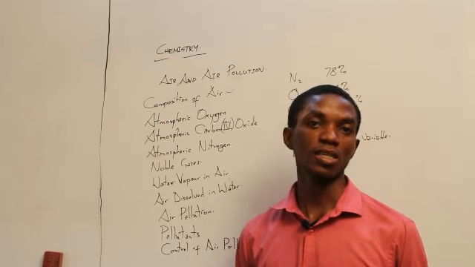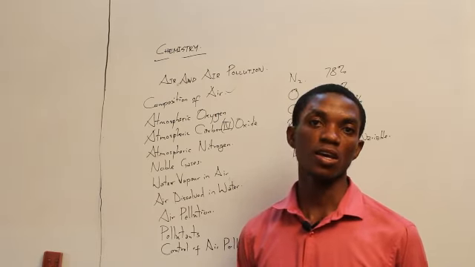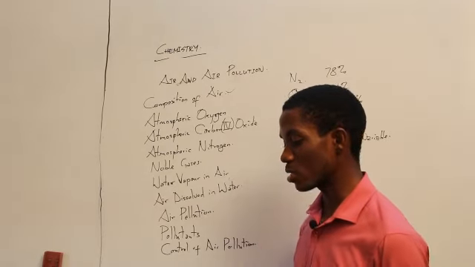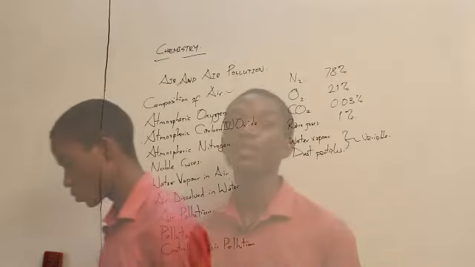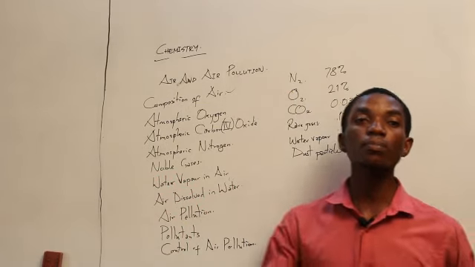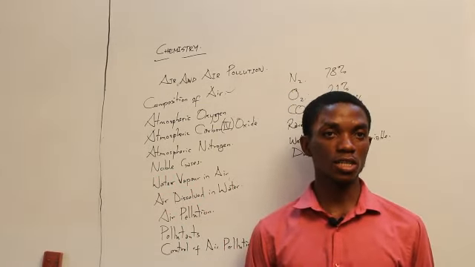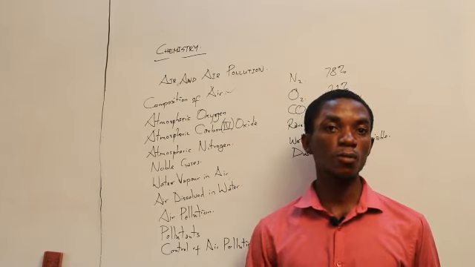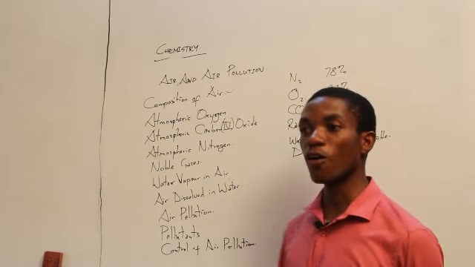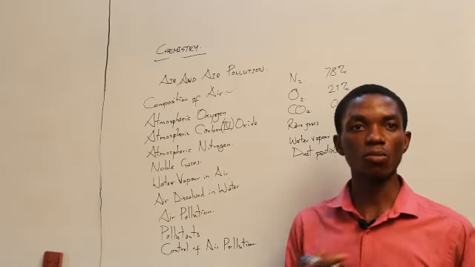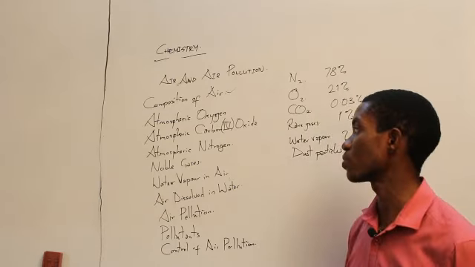It may take up to a year or two before a particular metal would start to corrode. Both burning and corrosion are oxidation processes, so oxygen is being added to the substance.